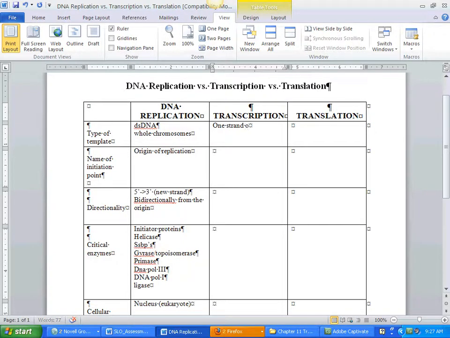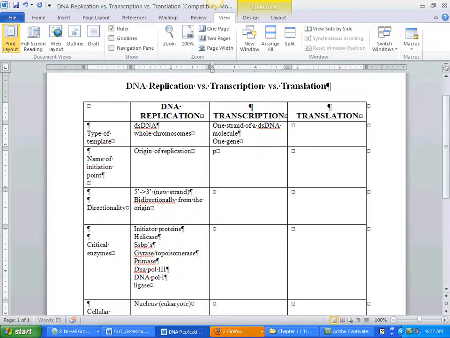One strand of a double-stranded DNA molecule, you could say. You could also say that the template is a gene. So we're not copying the whole chromosome, we're just copying one strand of one gene within the DNA. So it's a much smaller scope.